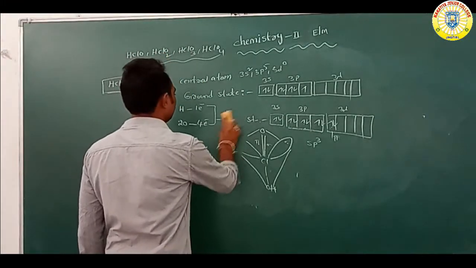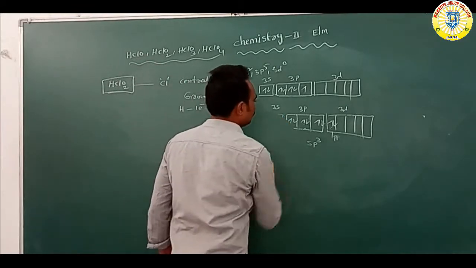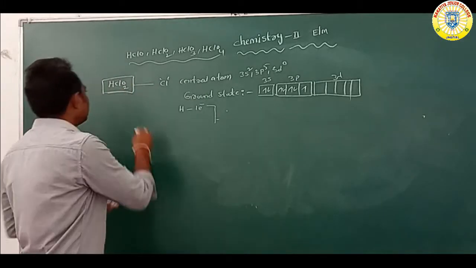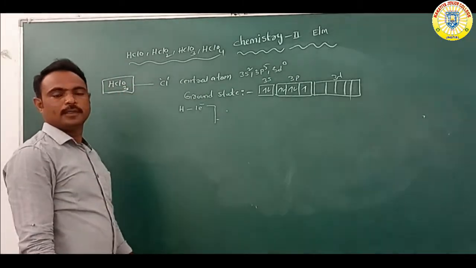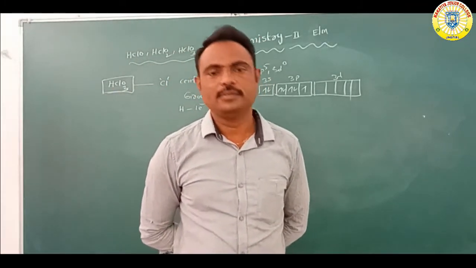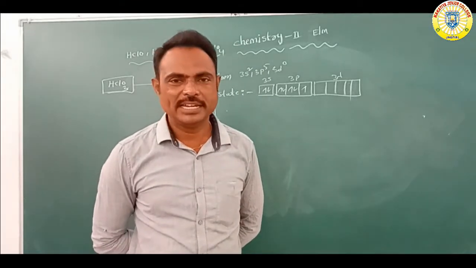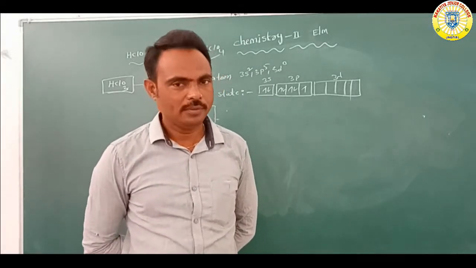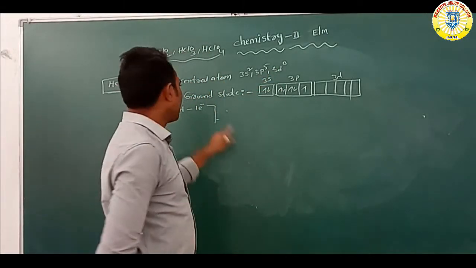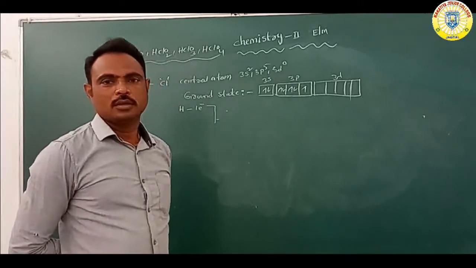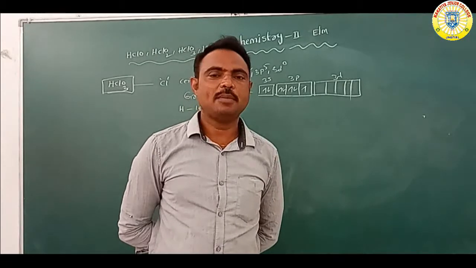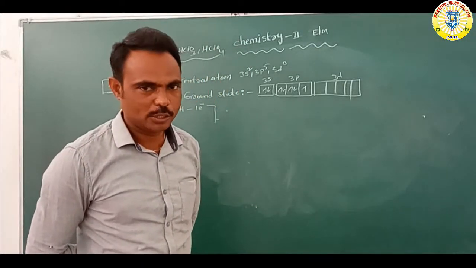Next, HClO3, chloric acid. In chloric acid, the central atom is chlorine. For the outer shell electronic configuration, the 3s orbital contains 2 electrons, the 3p orbital 5 electrons, and 3d is 0.